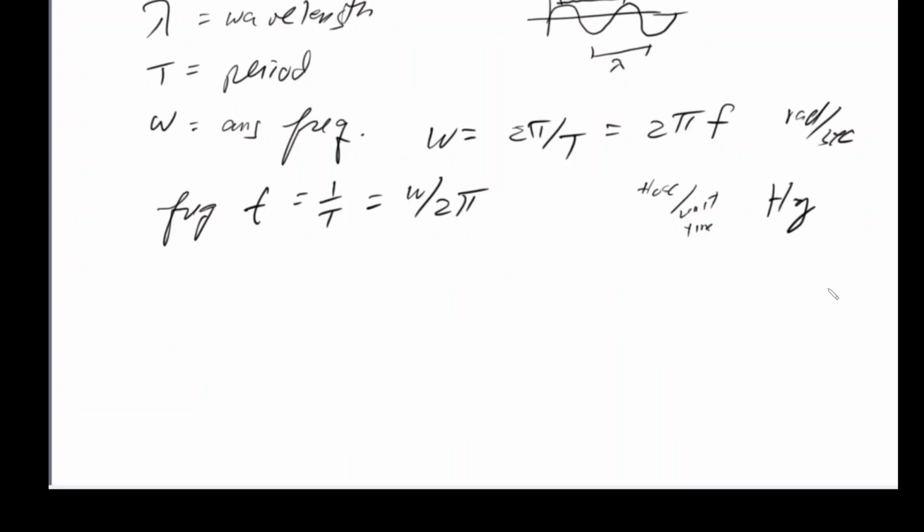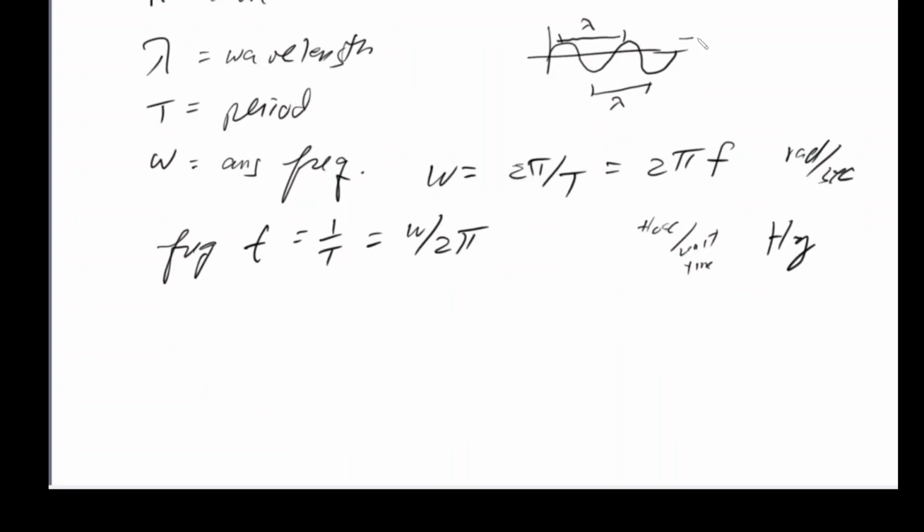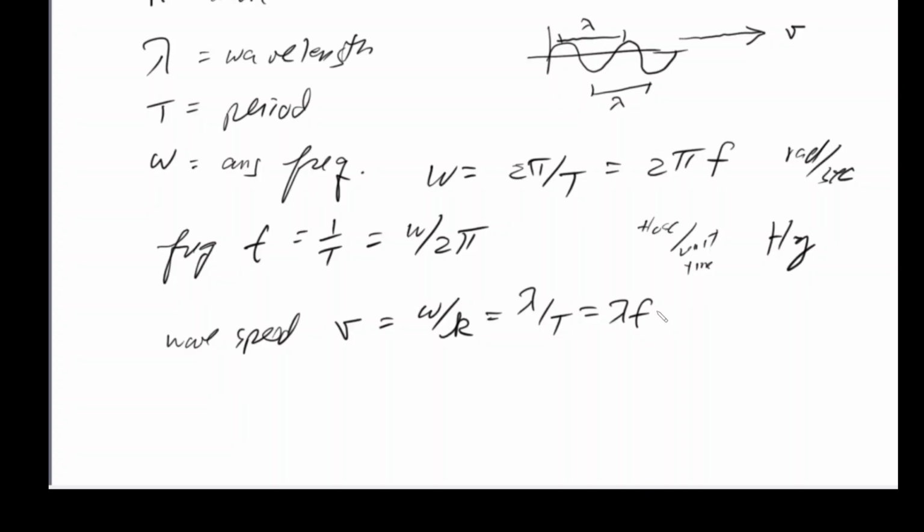And we also have our wave speed. As the wave moves along the x-axis, that has a speed v. So our wave speed, v, is equal to omega over k, which is equal to lambda over T, which is equal to lambda times frequency.